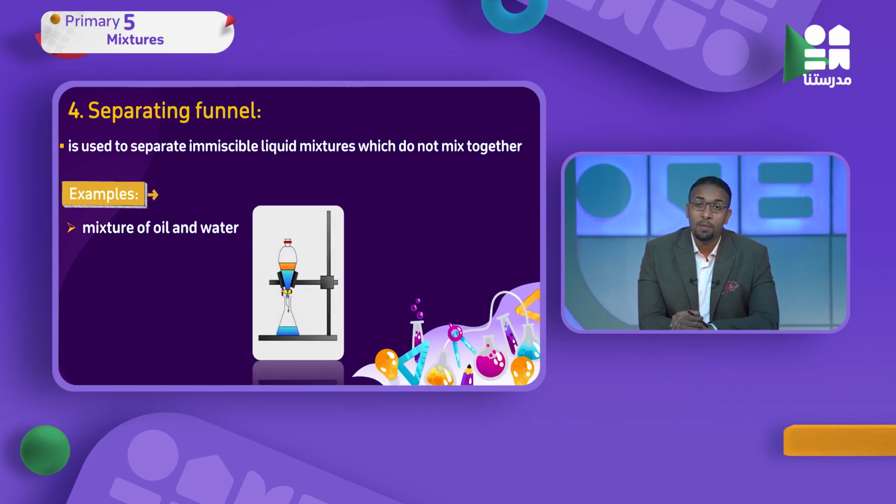When we mix oil and water and make a liquid mixture by shaking, it seems like they are mixed, but when we stop, they are not mixed together, so they will separate and oil will float on the surface of water. So we will use a separating funnel.